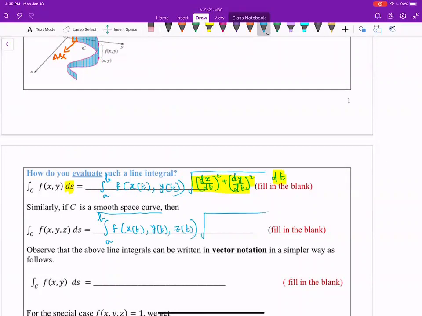Then the arc length part is the square root of (dx/dt) squared plus (dy/dt) squared plus (dz/dt) squared, dt. That whole thing is the arc length, ds.